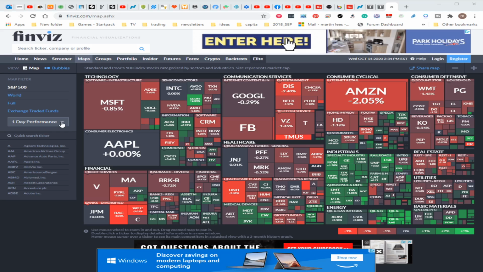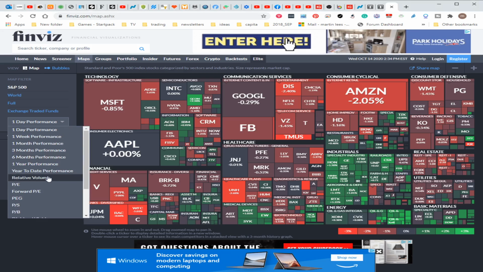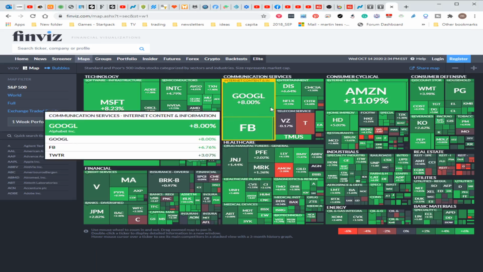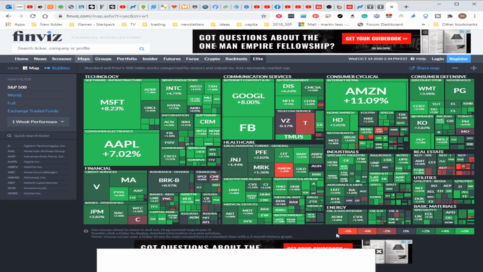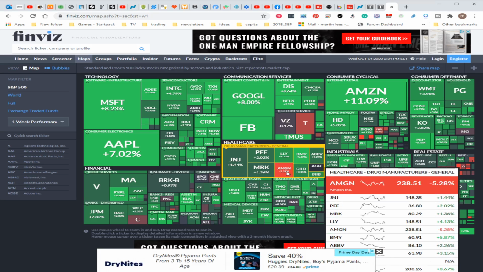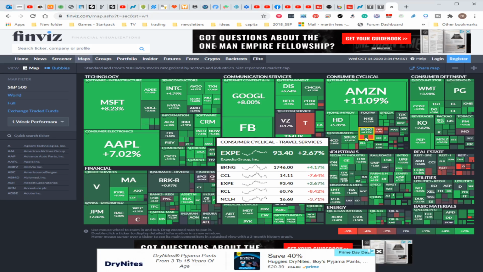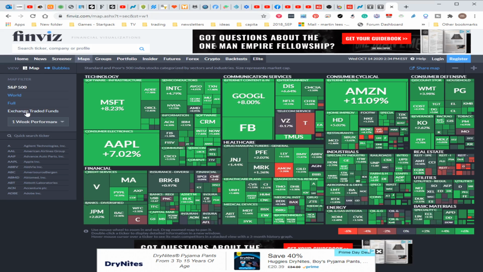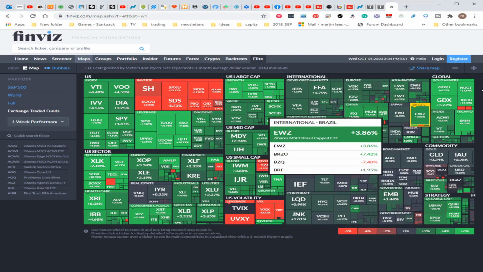You can then put the performance to be, okay, let's see how much in 1 week. So then you can identify the stocks that may be right for a pullback, or to determine why they haven't worked.